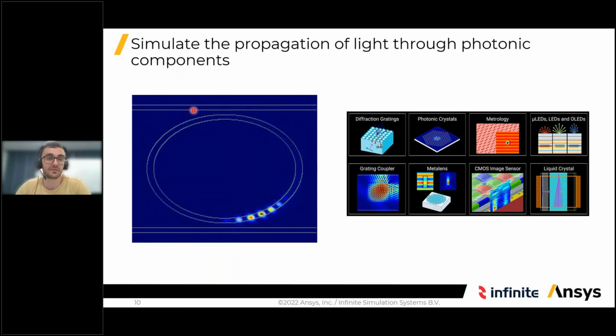So you have a waveguide at the top. The light couples into the ring, and then at the other side couples into the other waveguide. So you have a certain structure, you have sources, and you have sensors, with FDTD you can simulate the propagation of light through it.